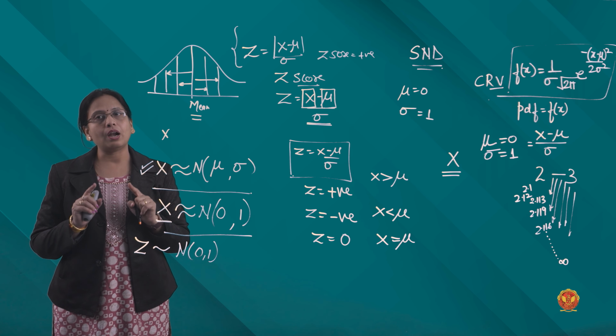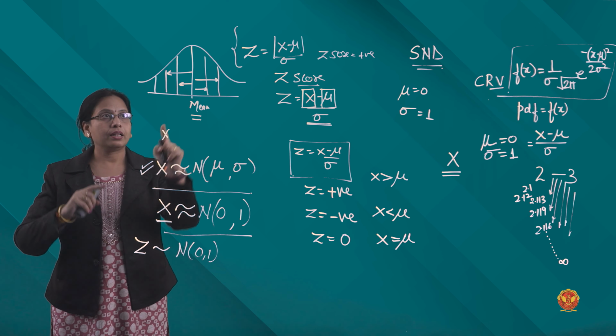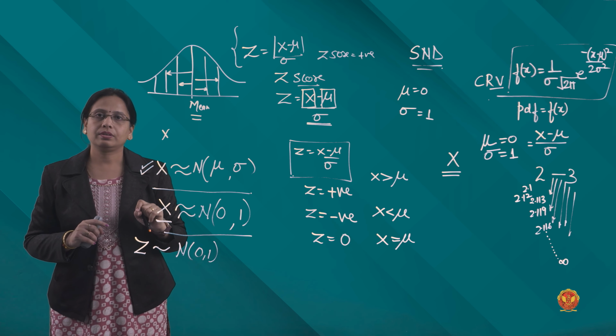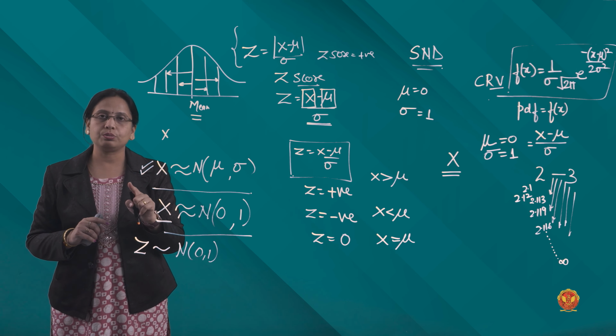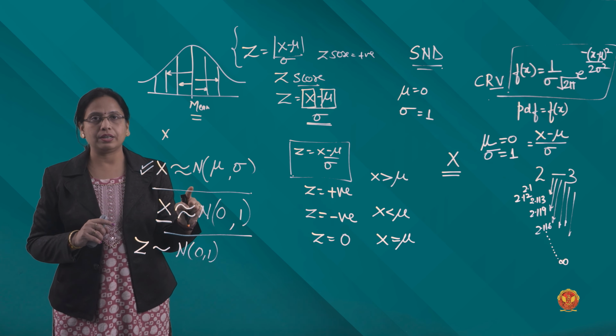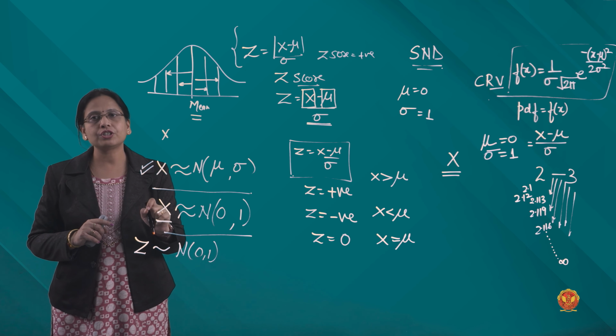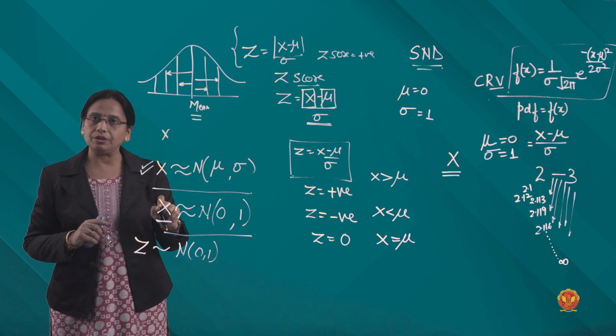The z-score allows us to compare data that is normally distributed but scaled differently. A z-score is the number of standard deviations a particular value is away from the mean.